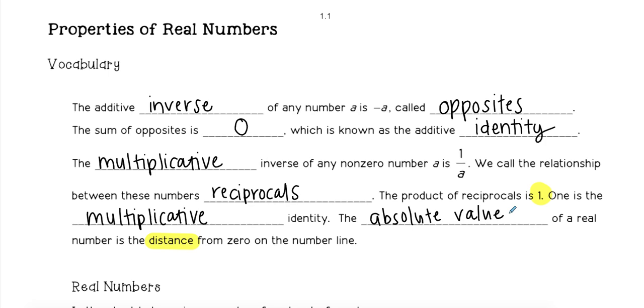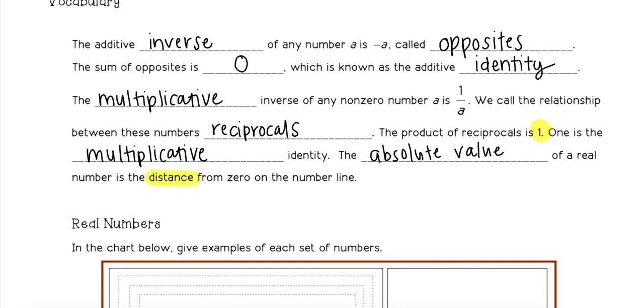Some of us were just told the absolute value is just positive without understanding why it's positive. The reason it is always positive is because it's a distance, and it's impossible to go a negative distance. Even if I drove my car in reverse, I'm still going a positive distance. So absolute value is a distance from 0, and that is why it is always positive.